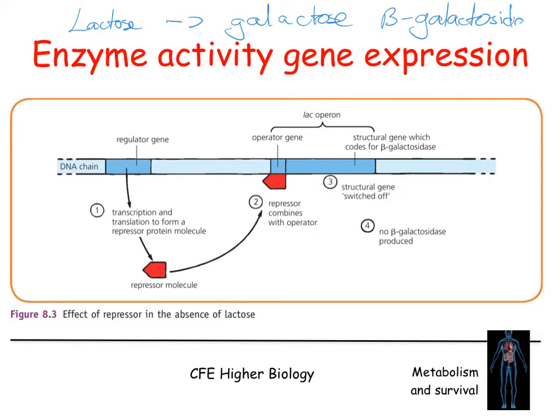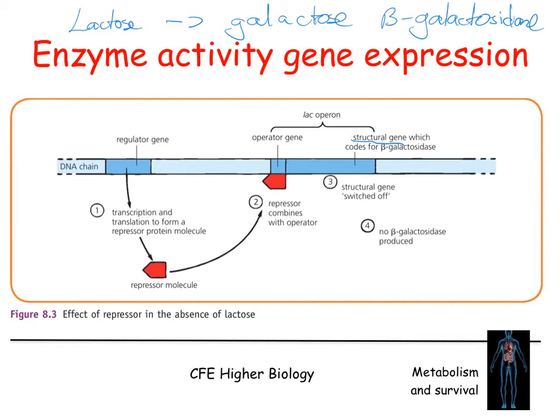Now, if there's no milk present, there's no lactose present, then there's no point in the E. coli producing beta-galactosidase. And it is controlled by this operon. Now, it's called the lac operon because it's talking about lactose, but an operon basically is where you've got one or more structural genes, and here's a structural gene here.